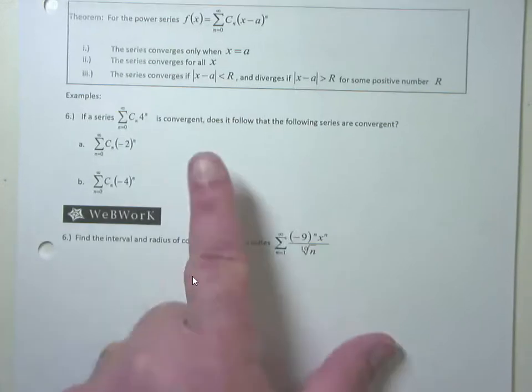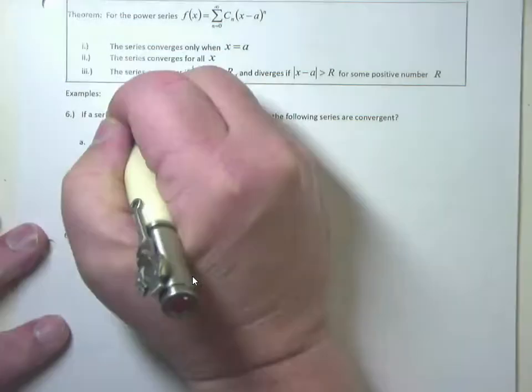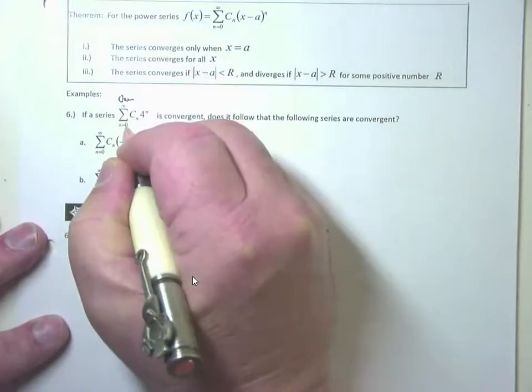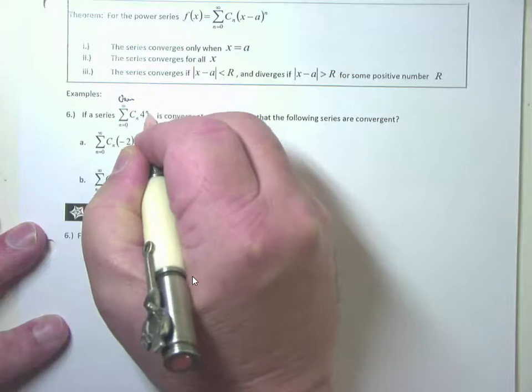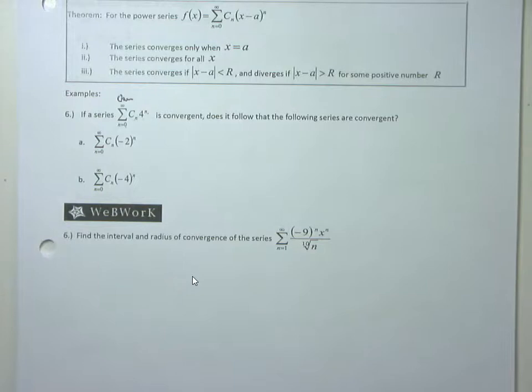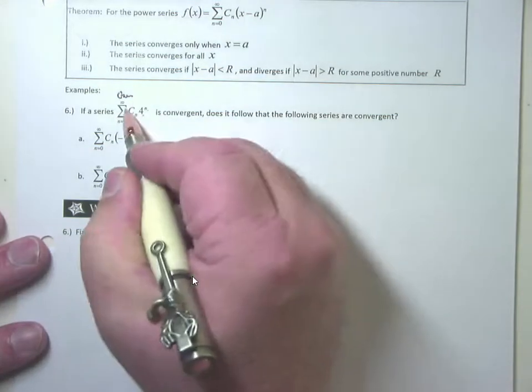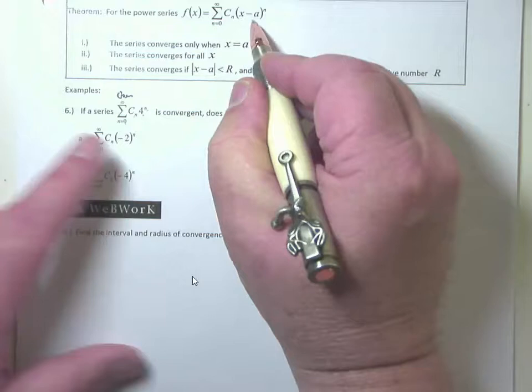So in this particular example, we are given the fact that the power series, the sum as n goes from 0 to infinity of c_n times x to the n with the 4, is convergent. Does it allow for the following other series to converge? The answer is pretty much yes or no. We're given that this series converges, and you notice this is the series we're talking about.